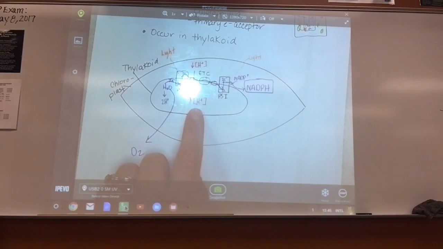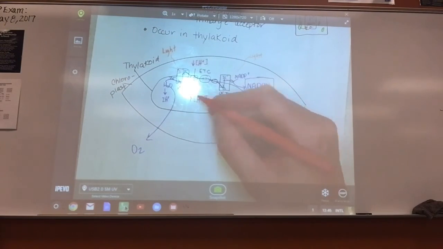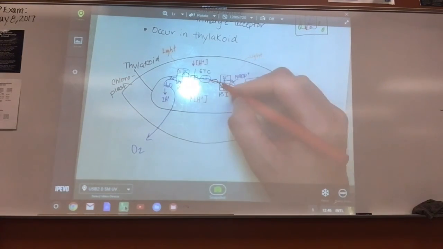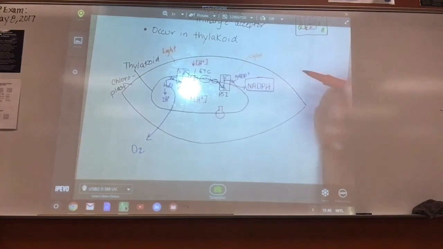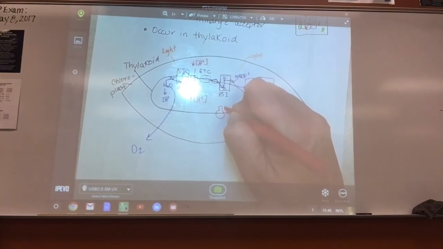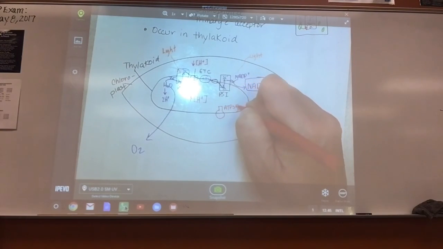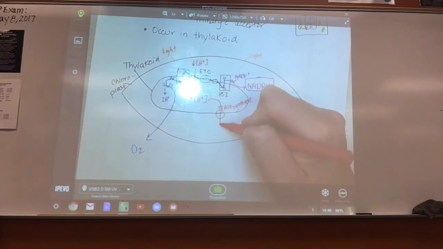And so therefore, we go through what's called cyclic electron flow. Anybody remember which one is used more in the Calvin cycle? You make ATP and no NADPH so that you can catch up with your ATP. So what does this mean, cyclic?